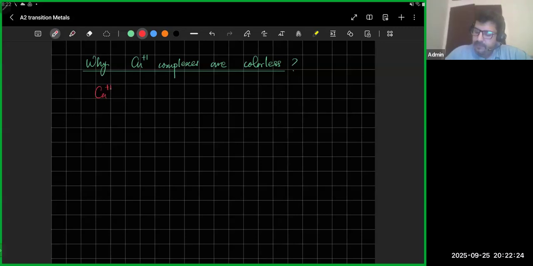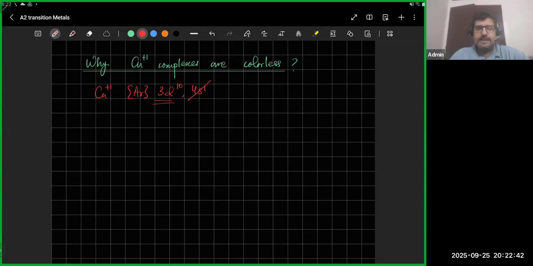Now, if you look at copper +1, its electronic configuration, if you start off with argon, it's supposed to be 3d10 4s1, but it has lost an electron, so it's got 3d10, right? Now, the d-subshell is completely full.